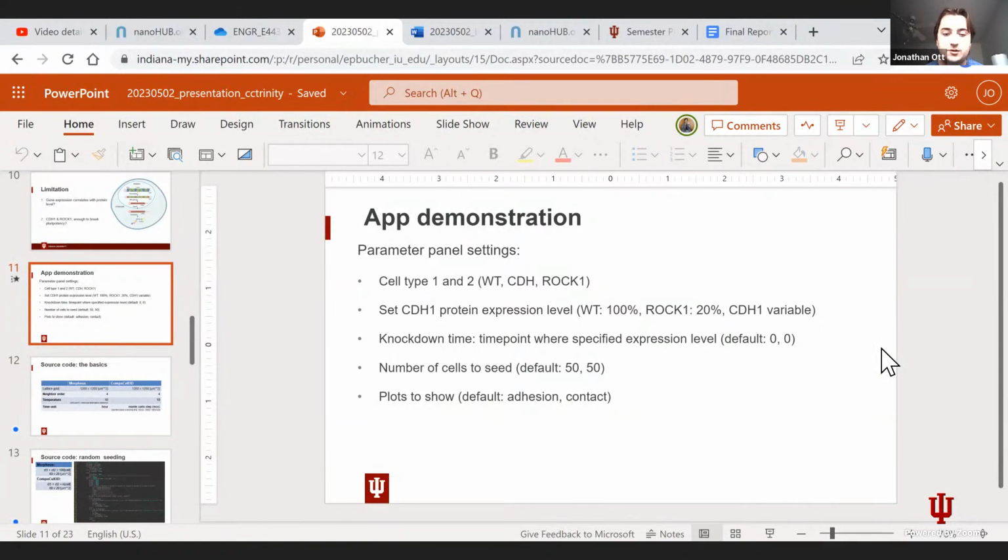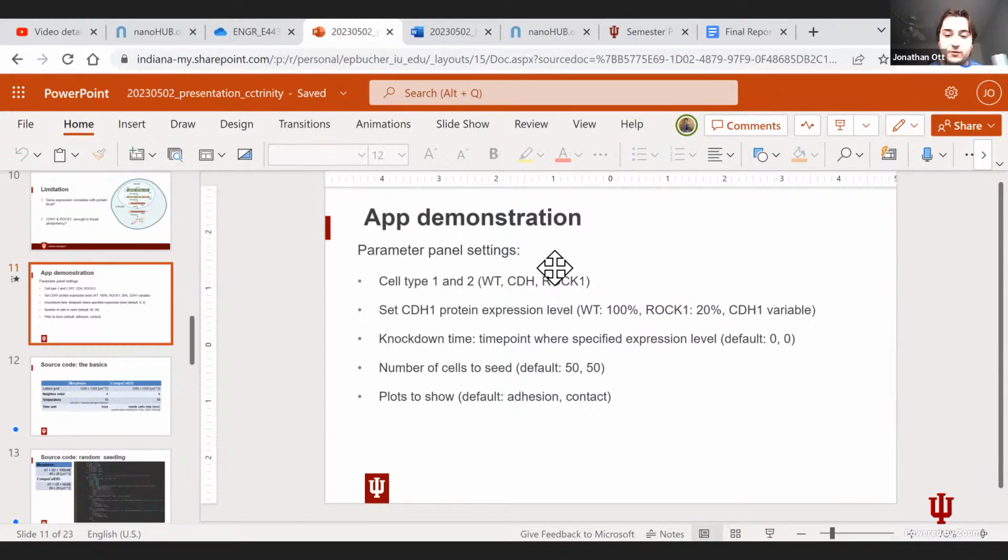But basically, there are two cell types. You can choose between the wild type, CDH1, or ROC1. Two cell types will be in the simulation at the same time, though, and you can set the protein expression level for each. Actually, really just for CDH1. Wild type is going to be 100% at all times. ROC1 is going to be set at 20 default, but CDH1 you can set at different values.